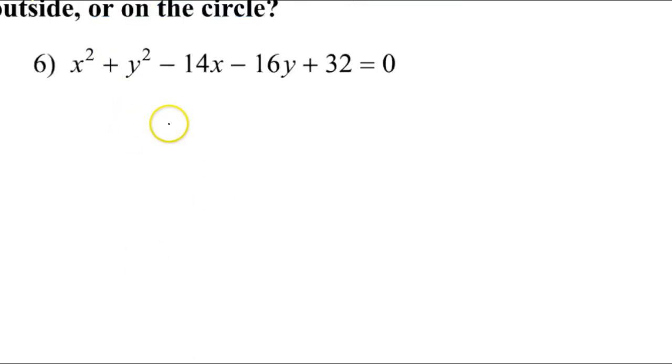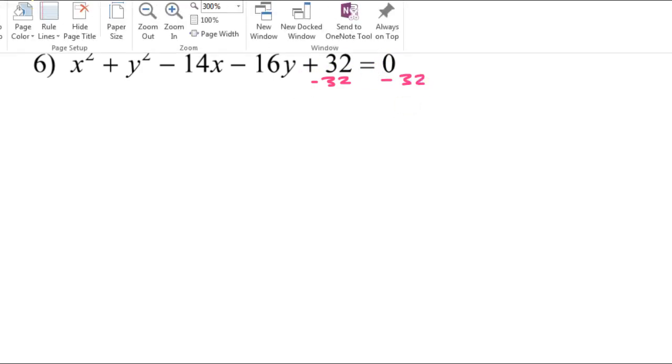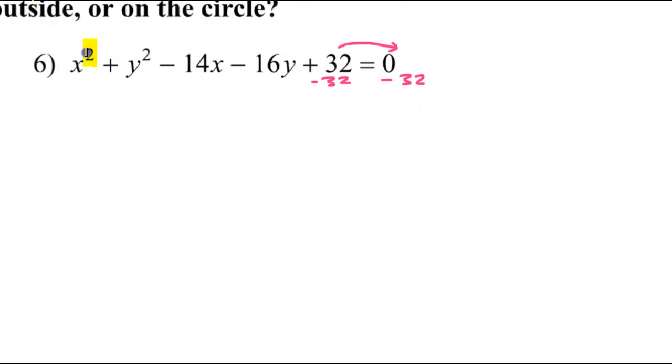Okay, number 6 is pretty much the same thing, so I encourage you to pause the video and try to do this problem by yourself. So the first step is to subtract 32 from both sides, get that out of the way. So I'm going to have a negative 32 on my next step. Then you're going to want to put the terms that have x's in them side by side, and you're going to want to put the terms that have y in them side by side.